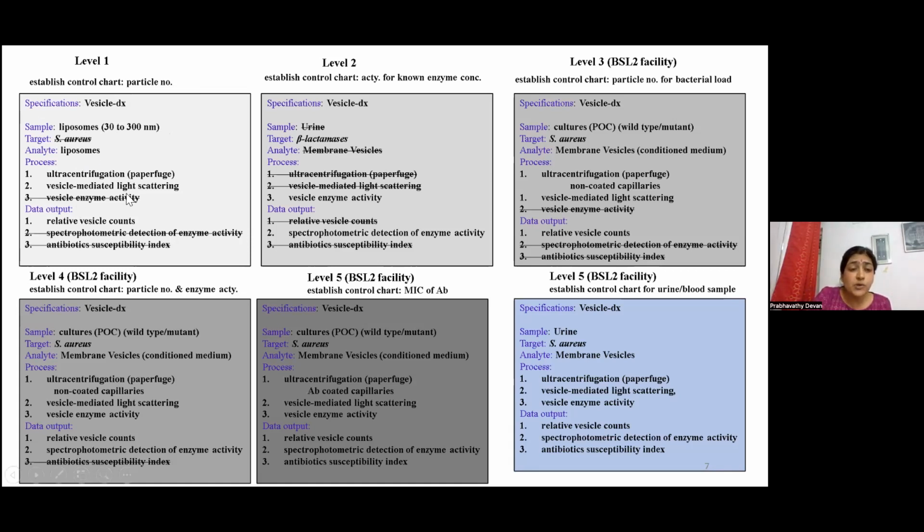Then we check whether the paperfuges are able to bring them to one sedimentation density, and then we can take them for counting measurement using the scattering method. So this would give us an idea whether these relative vesicle counts are obtainable, and can we match the number. Say, for example, I have taken 1 billion liposomes here, and what is the OD? So we can establish a control chart.